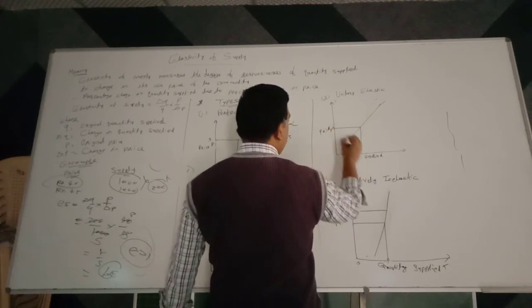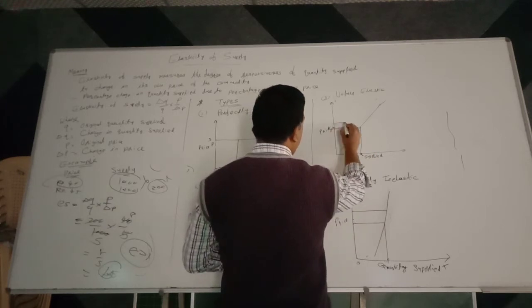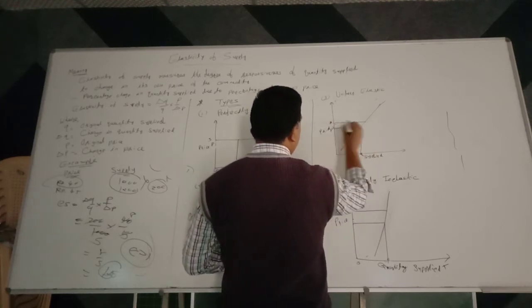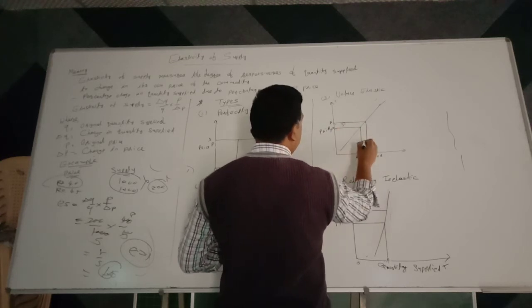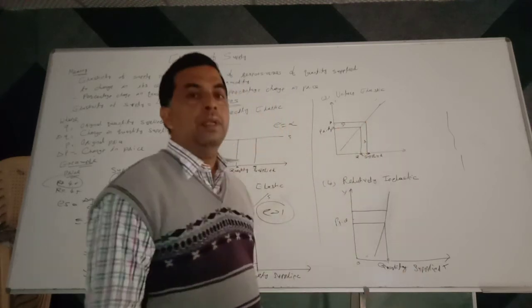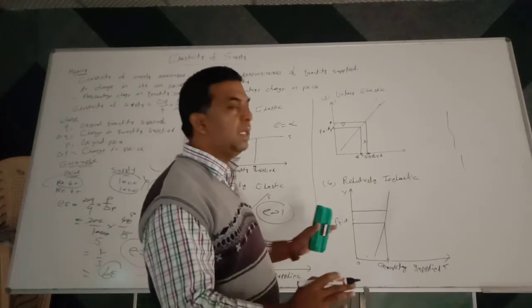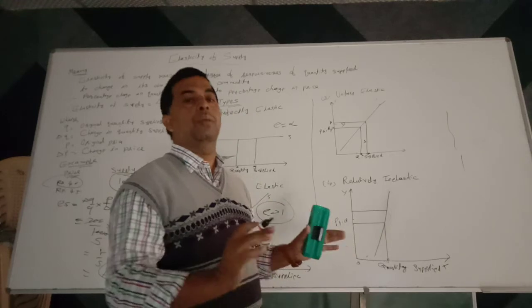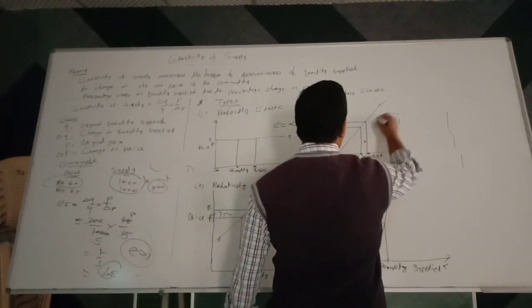Original price OP, original quantity OQ. When price increases, quantity increases by the same proportion, 5%, 5%. This is unitary elastic supply of a commodity. 5 divided by 5, so elasticity is equal to 1.